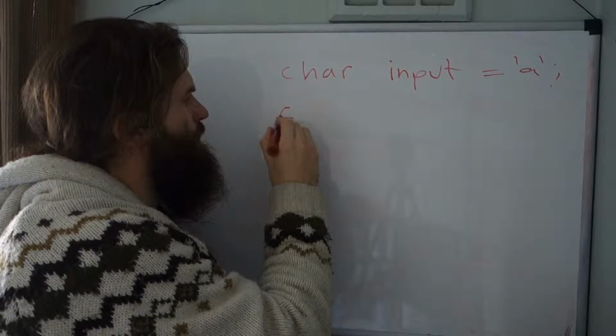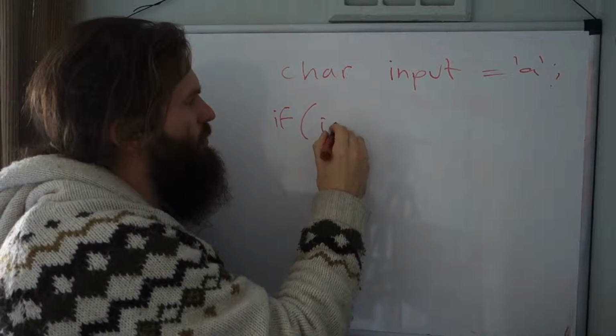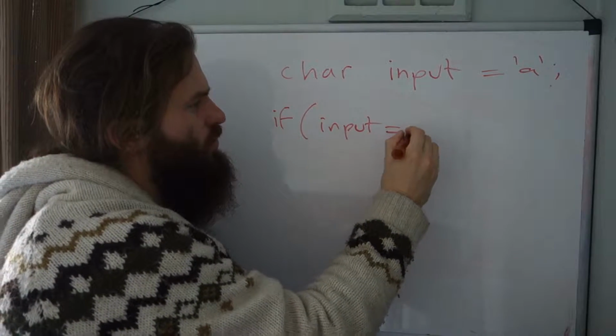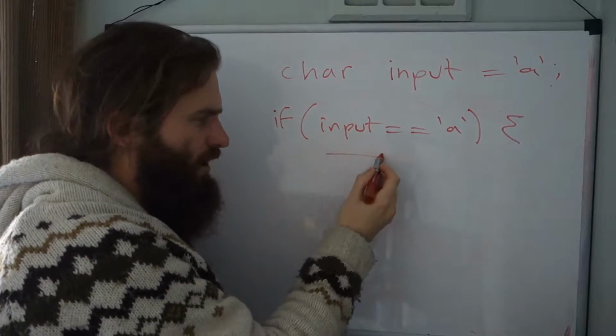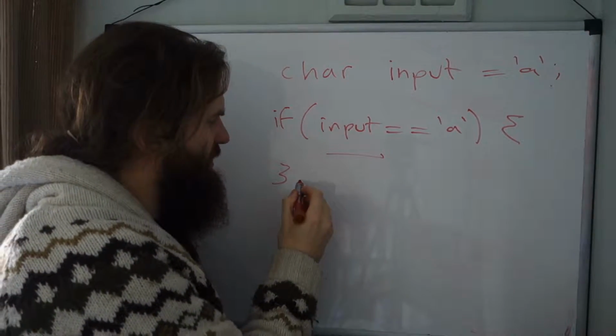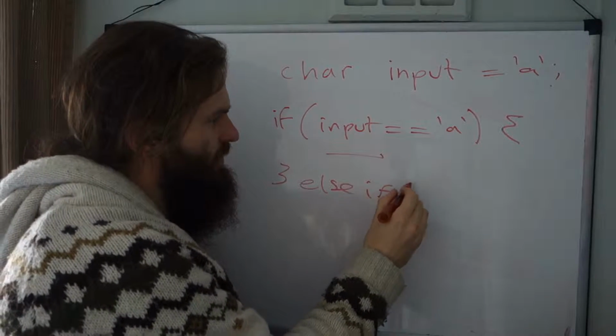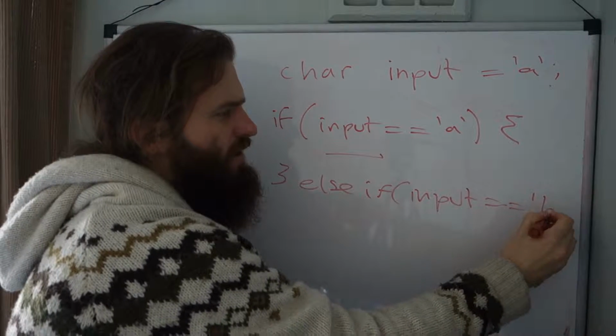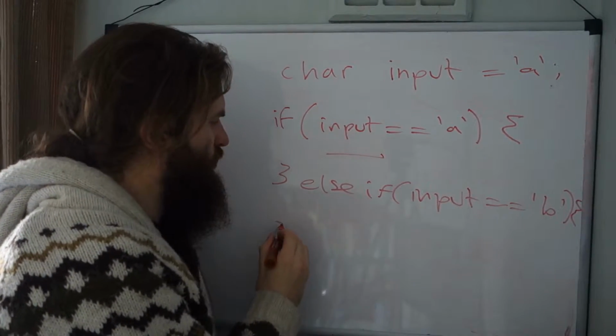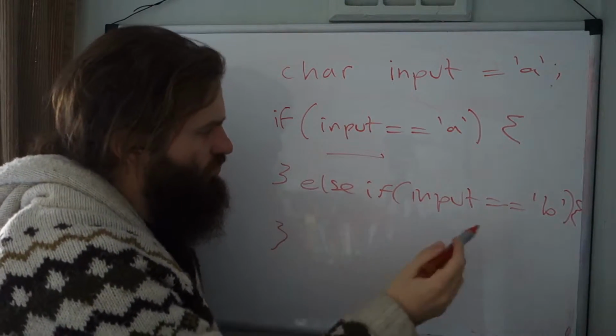Like what we did in the last episode with our if statements, we would say if input equals a, then we take some action, and then we might say else if input equals b, we do something else. And you can imagine this goes on for a long time.